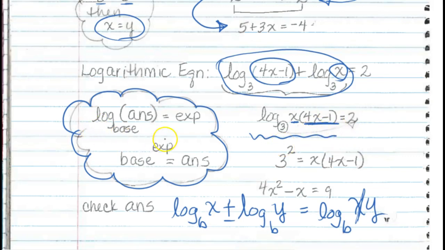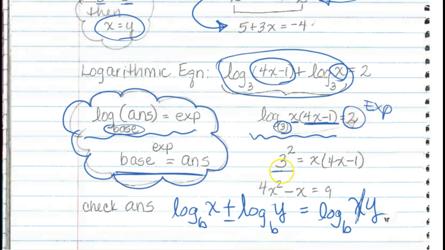What I can do is change my log into an exponential equation and see if I can use the same base. So notice our base is 3. This is our exponent, and that's why we're getting 3 squared is equal to our answer. And that's what this cloud is saying.